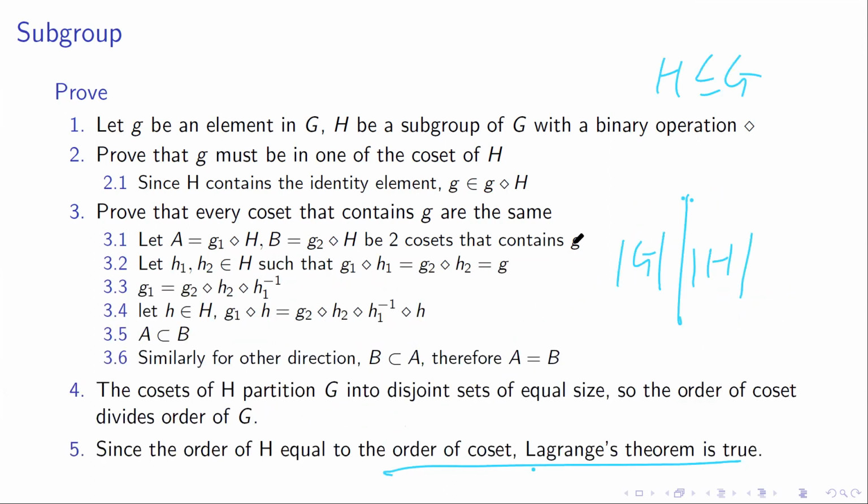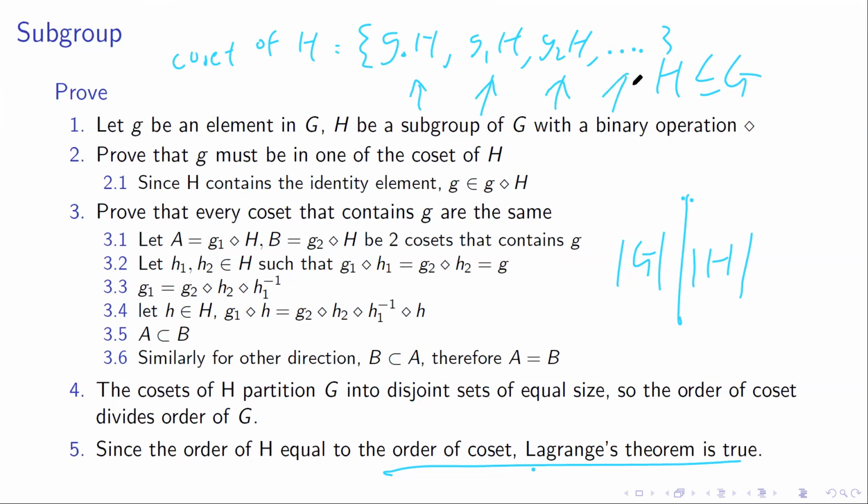Then how do we link it to the proof? Because we can prove it using coset. The coset of H contains a bunch of elements, G1H, G2H, and so on. And we know that all of these are the same size.